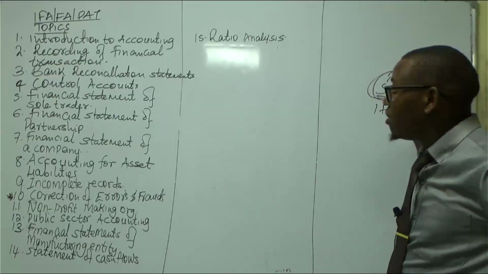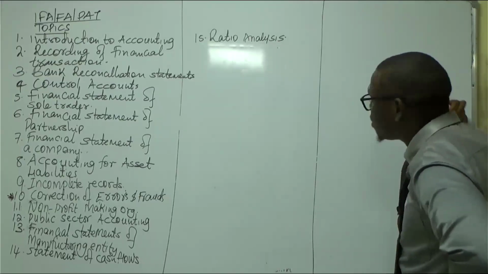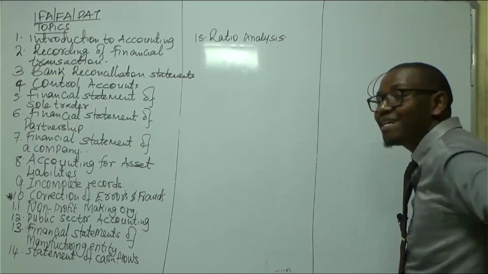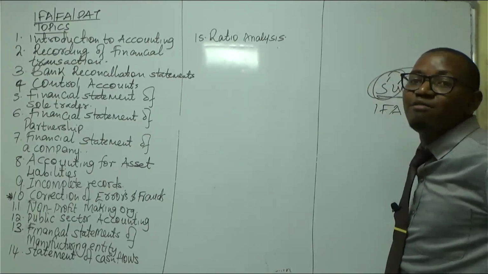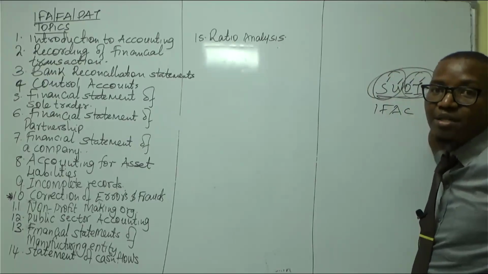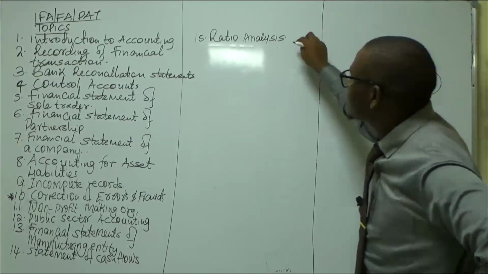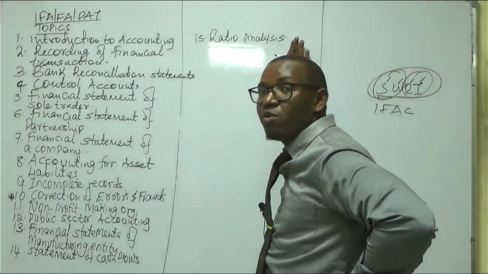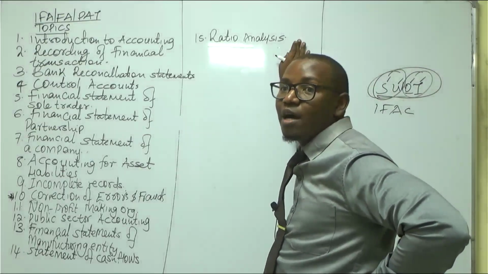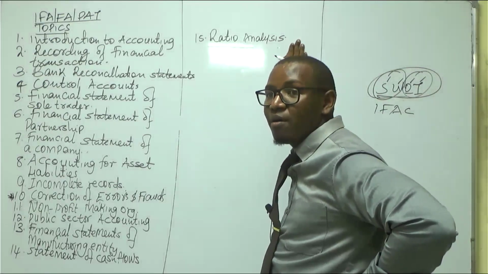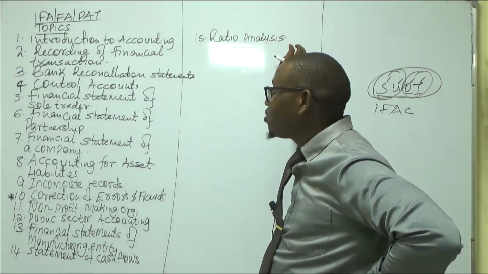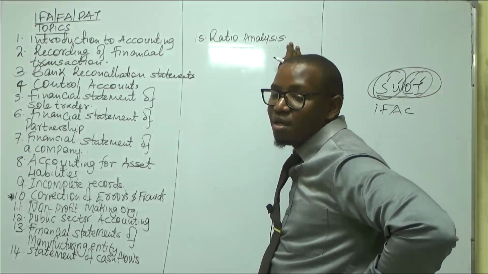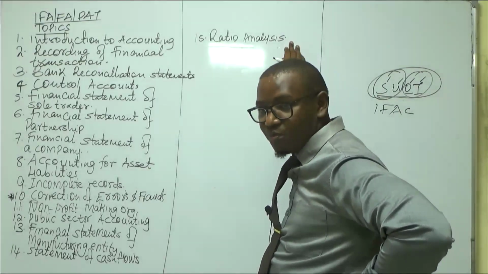When I talk about opportunities as well as threats, we are talking about the factors that affect the external environment of a business. And basically, for us to know that, we do it through ratio analysis.